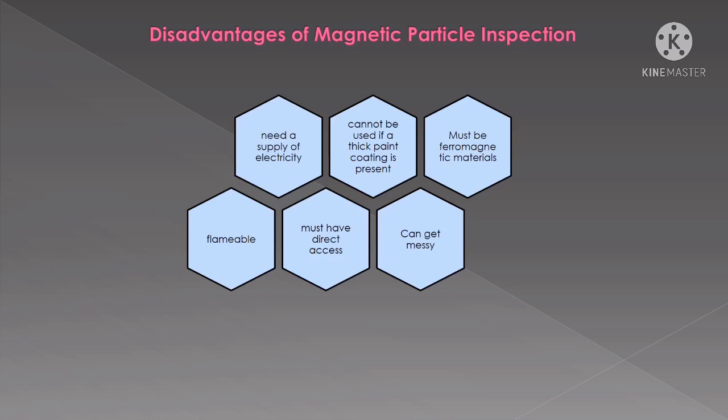Disadvantages of magnetic particle inspection. Most methods need a supply of electricity. It is restricted to ferromagnetic materials, usually iron and steel, and cannot be used on austenitic stainless steel.